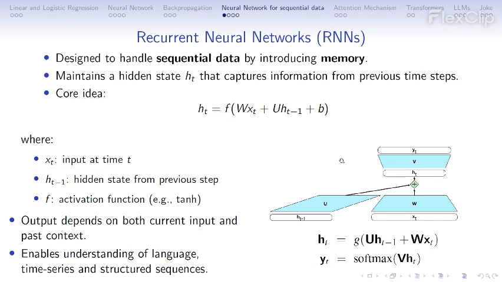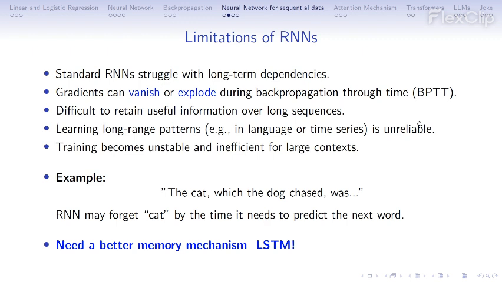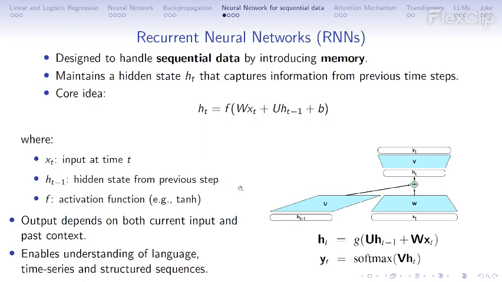This is a very nice and interesting progress in dealing with sequential data. But this idea also comes with limitations. So standard recurrent neural networks struggle with long-term dependencies. Here as you can see, this hidden state encodes everything that happened before, right? So this is a kind of short-term memory.